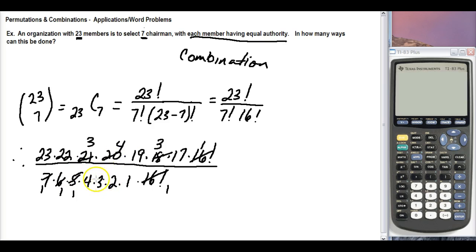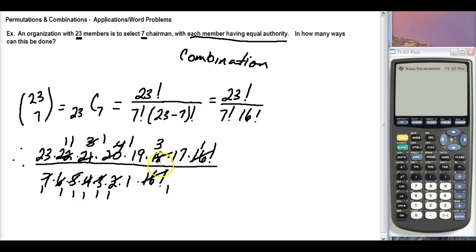And we have our 4 goes into 4 1 time. 3 goes into 3 1 time. And now we have just 2 and 1 left. And of course 2 would go into 22 11 times.